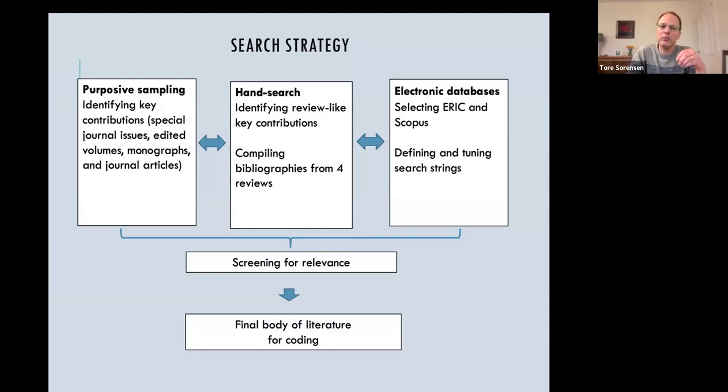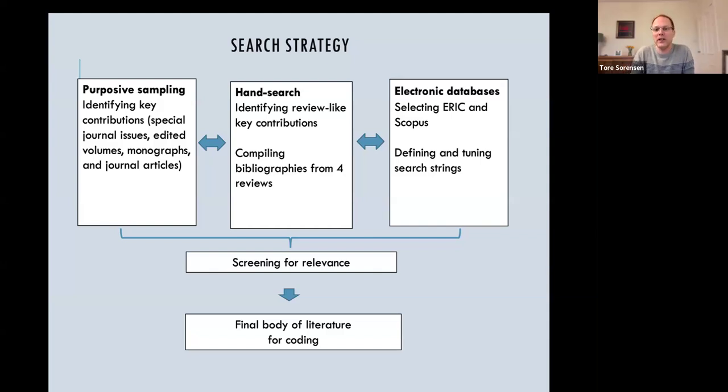So we also identified some key contributions that we knew are there in the field. And we also looked into bibliographies, or the lists of references, basically, of different reviews that had already been published. Then we compiled those lists of references and considered those as part of our literature review. They went into the pool of literature that we screened.